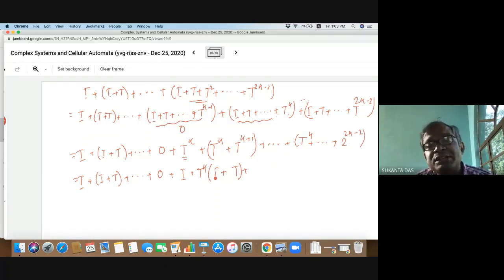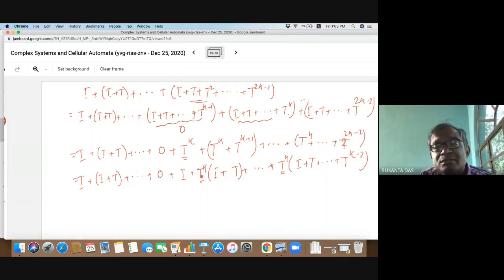The same thing will happen, I plus T plus T square, and this will continue. And here if I take t to the k as common, then I plus T plus T square, etc., and t to the power k minus 2.